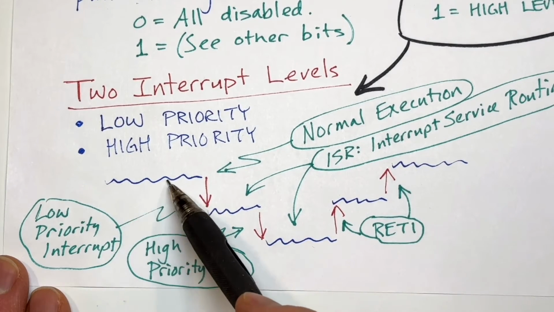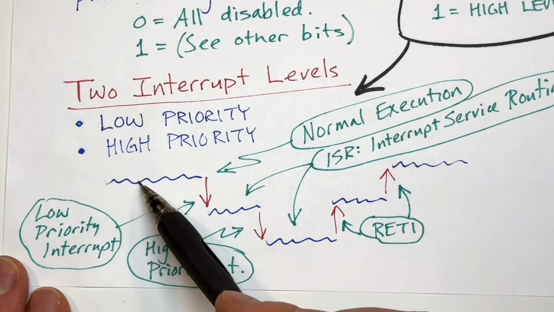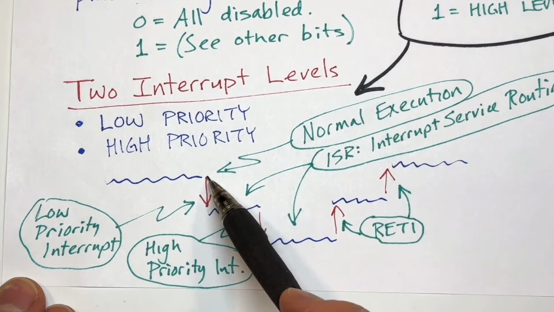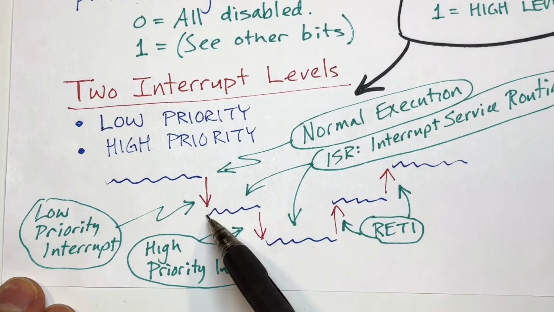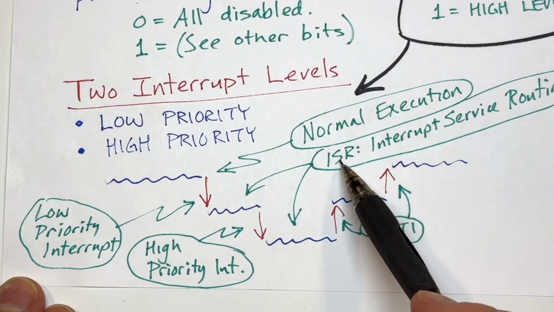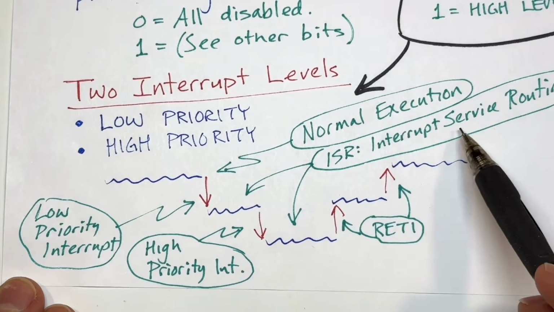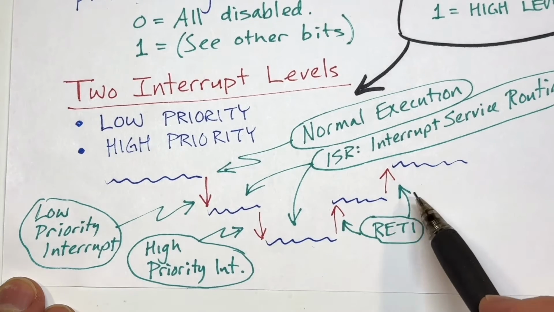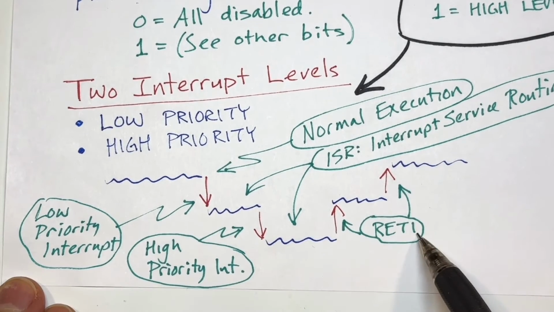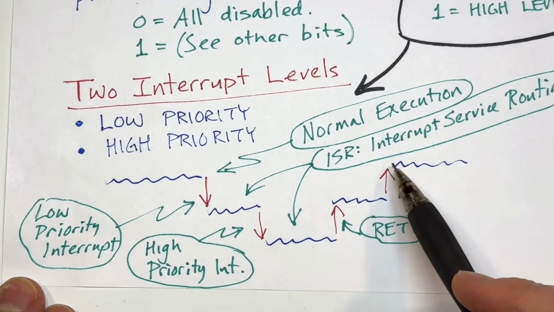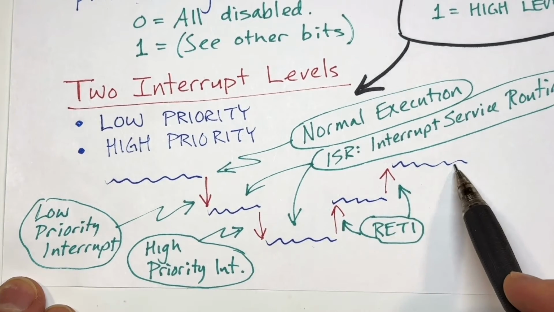It's normal execution, and instruction after instruction is executed, but at some moment in time an interrupt occurs, and at that point we start executing the interrupt service routine, sometimes called the interrupt handler function. I'm showing the interrupt occurring here, and then at some later point we do a return from interrupt instruction that sends us back to the normal execution of the code that was interrupted.